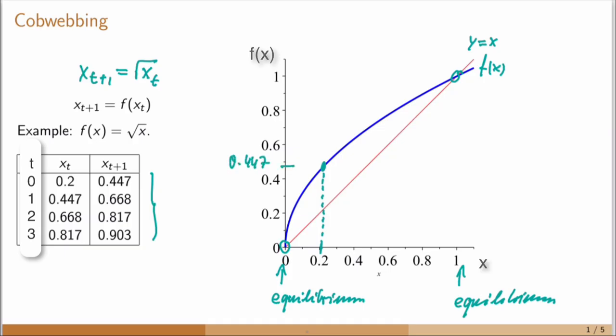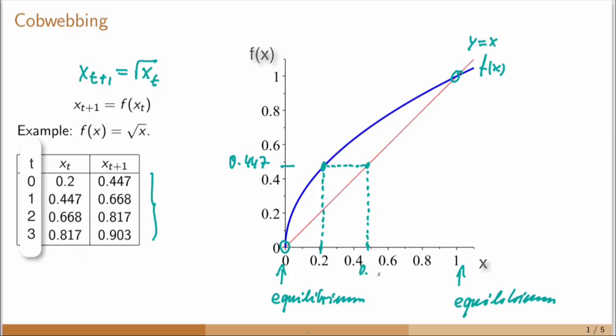And now I have to do it again. So I need to graphically transport the value 0.447 to the x-axis. Well, it is somewhere here. But there's a smart way to do this, because we can use a diagonal. So I move this over to the diagonal, somewhere here, and then I go down. And I get exactly the value I want.